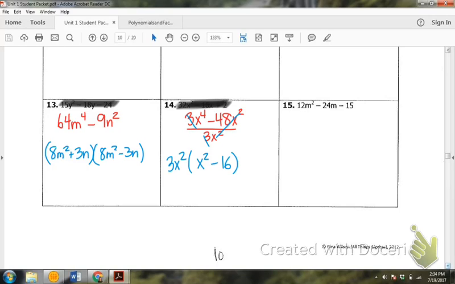Okay, let's go ahead and factor x squared minus 16 then. Okay, so you had 3x squared on the outside, x plus 4, x minus 4. Any questions on that?